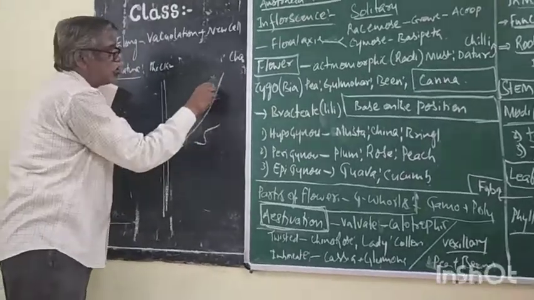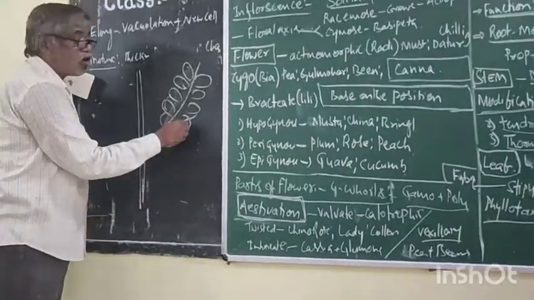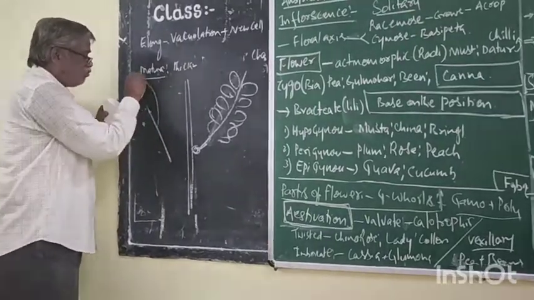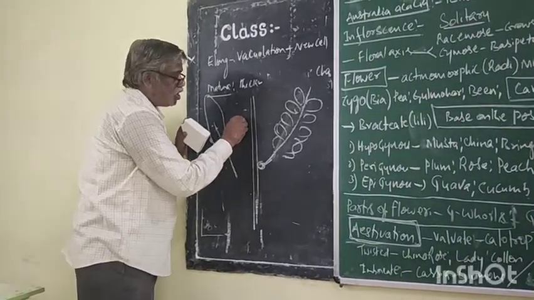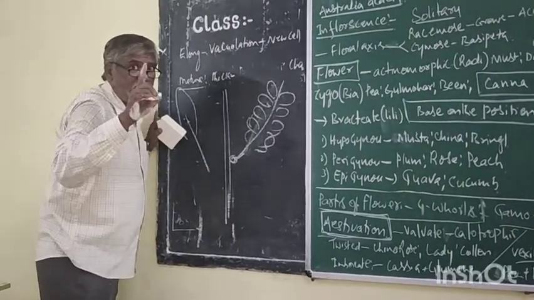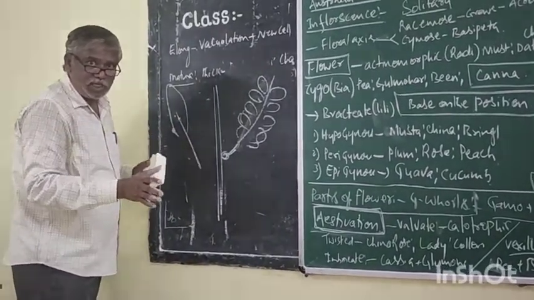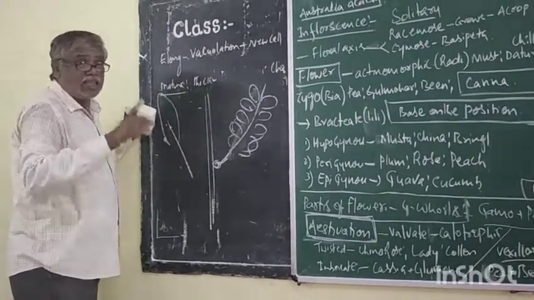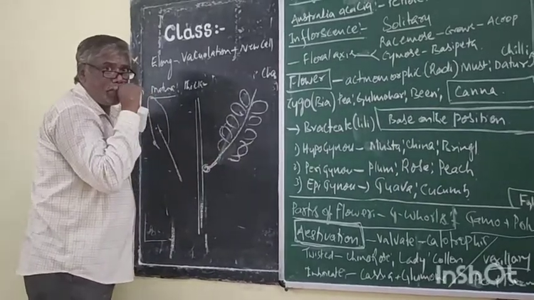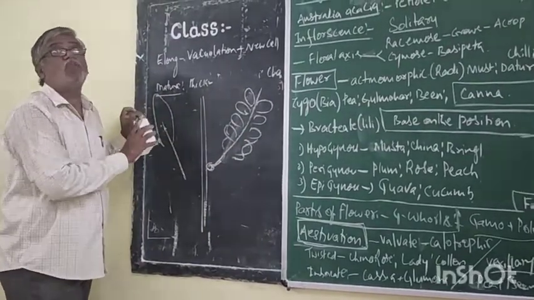This is called as leaflets. What is the third part of the leaf? Lamina. If the lamina is a single piece and not divisible, it is entire, and that leaf is called as simple. If the lamina is divisible into many leaflets, that is called as compound.